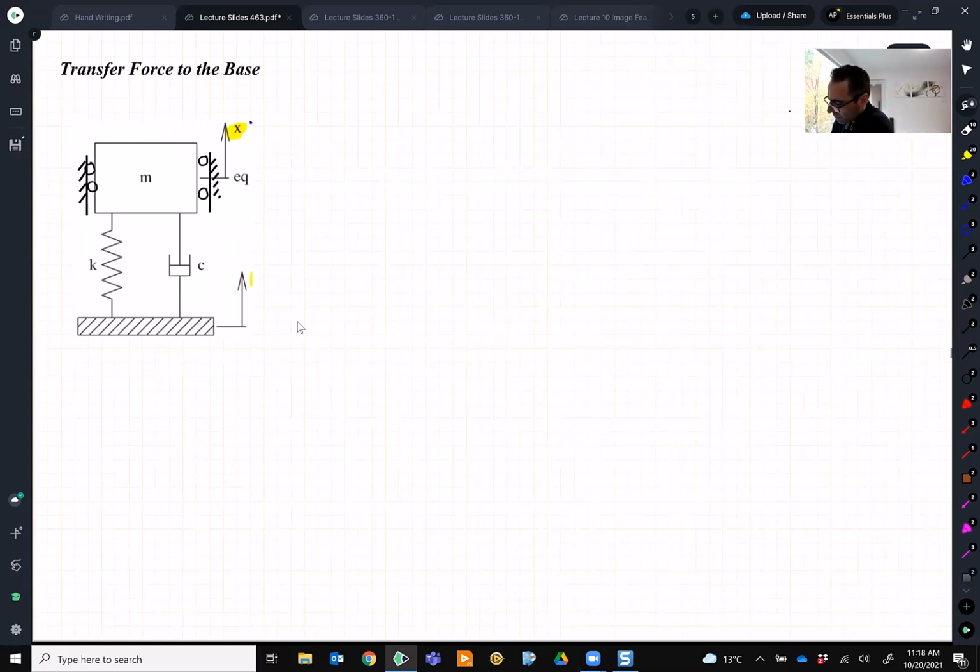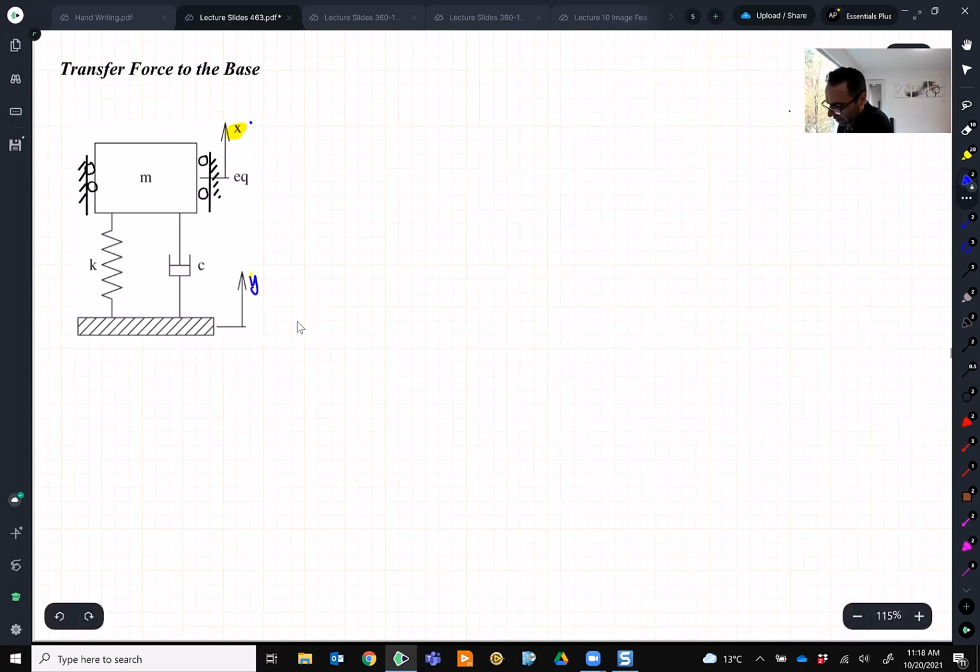All right, here is our plan. We want to know if I have a base motion y equal to Y sine omega t or cosine omega t, how much force goes to the base?